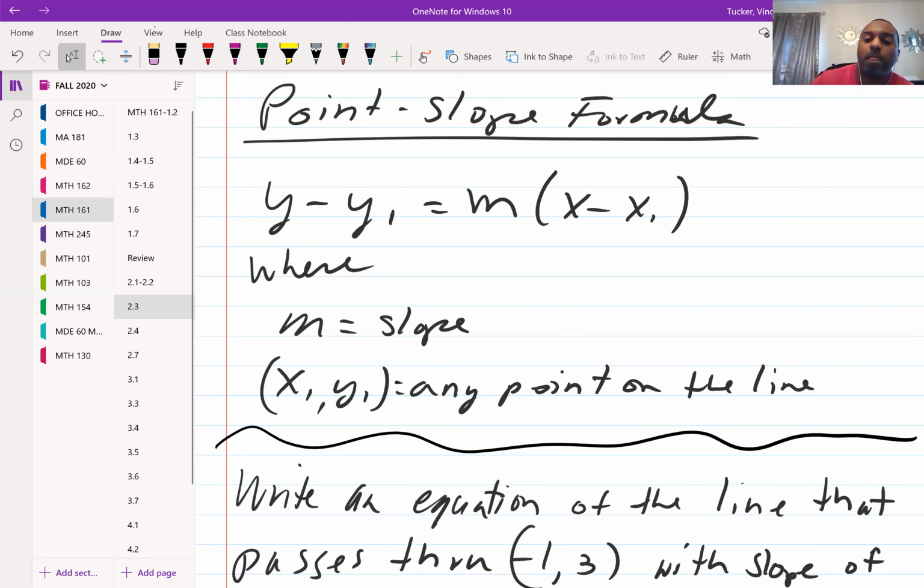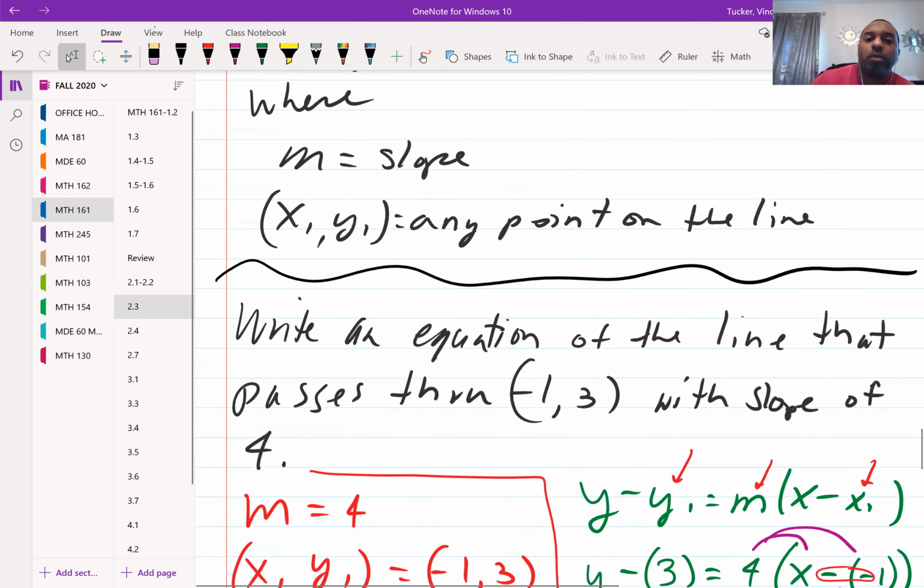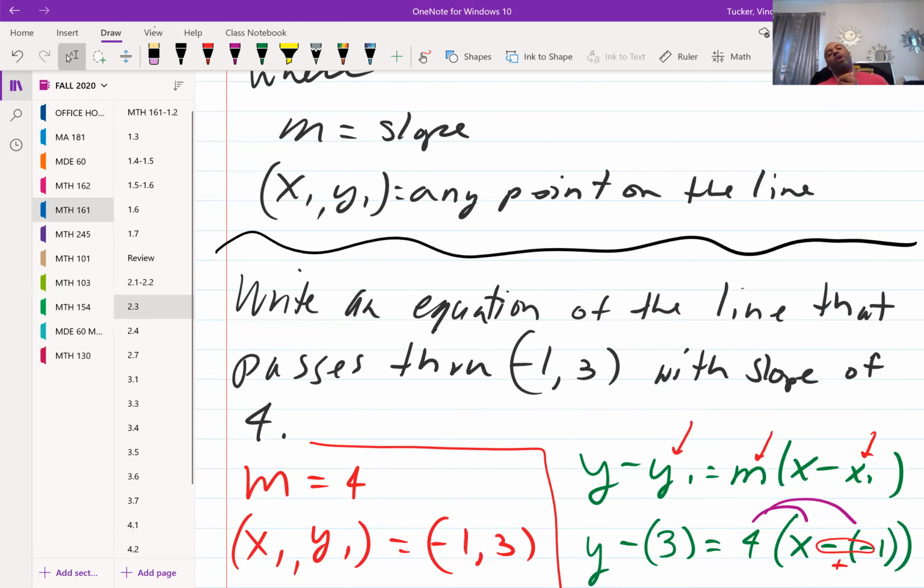So the requirements of this line are a point and a slope. That's why it's called the point slope formula. So notice what we have here.